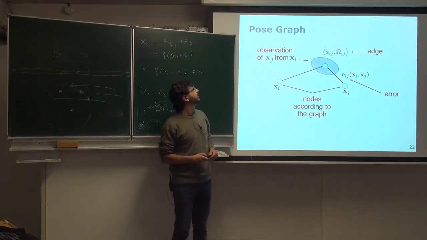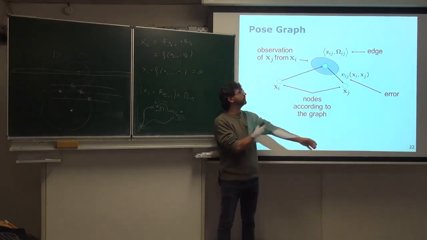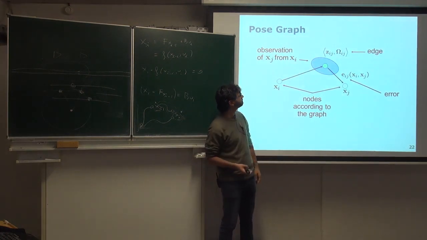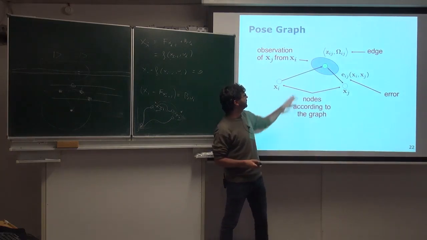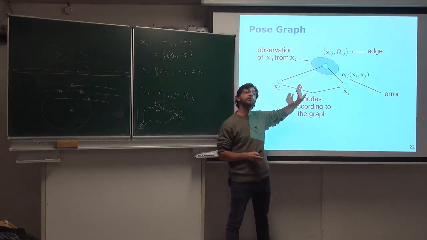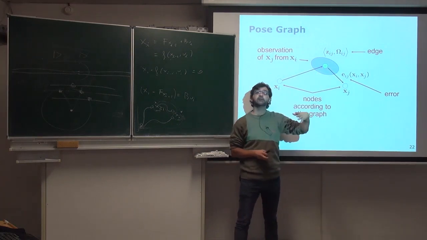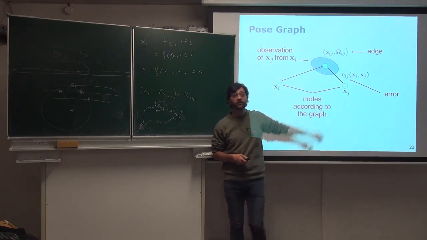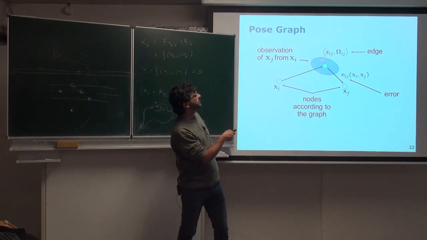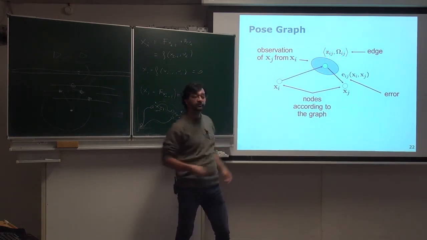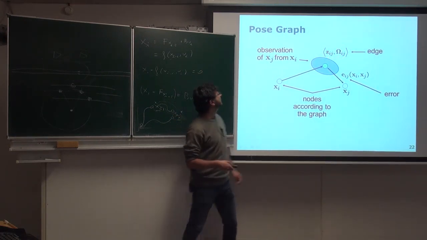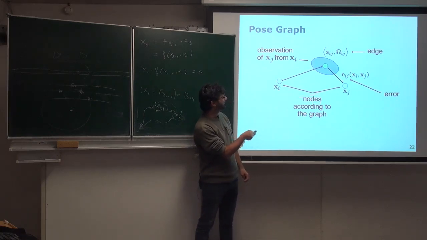So how do we write this down again in a bit more formal way? We have these two poses. We're now analyzing one edge at a time. And we can try to expand the edge in terms of imagine that there is another variable there. And this variable is the measurement that we have. And this variable has an expected value, so it's z, which is the measured value, and an information, which is our omega there. And we can consider these two nodes, xi and xj.